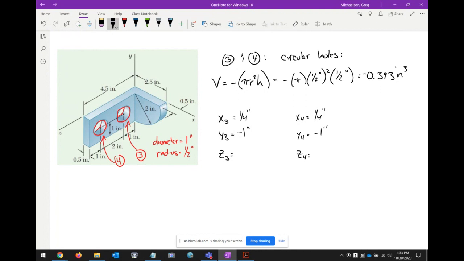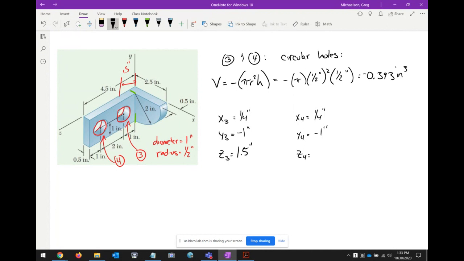Z3 is 1. Well, hold on. Now here, yeah, check this out. Okay, that 1 is right there, and so that's right there, right? So really what you want is that dimension. So it's not 1, it's 1.5. I know that's an easy one to mess up. Yeah, that's 1.5.